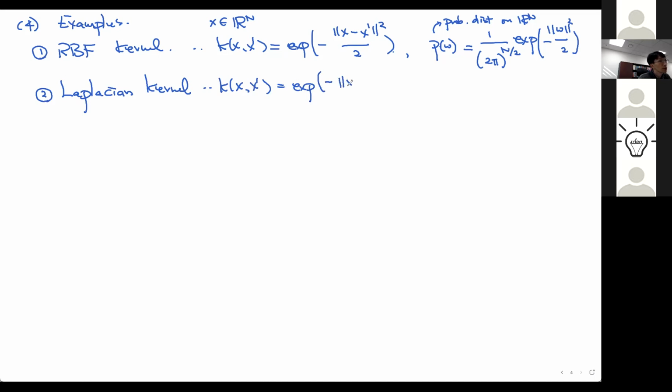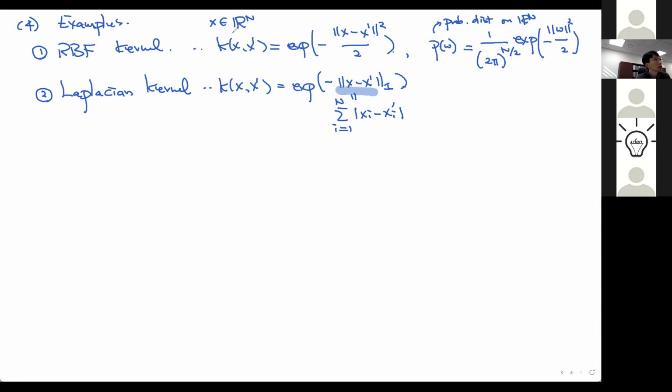So we take the difference between x and x prime, but we take the L1 distance. This means summation over all the coordinates of the difference between x and x prime, and we just add all of them together. So that's what this L1 norm means.